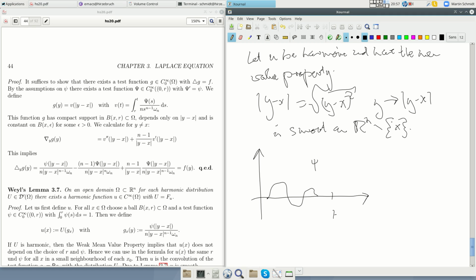And now, of course, the support is contained here, has compact support somewhere here. Now we calculate the integral. This is, of course, here 0. And then the integral goes up, then here again goes down, and so on.